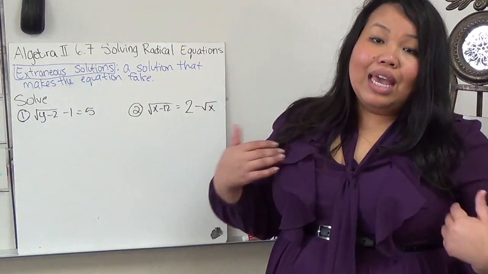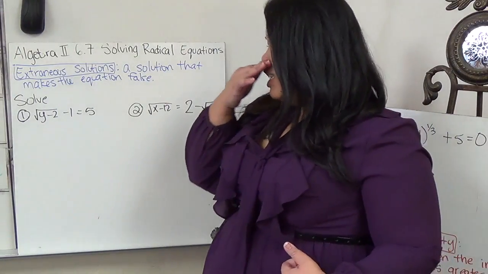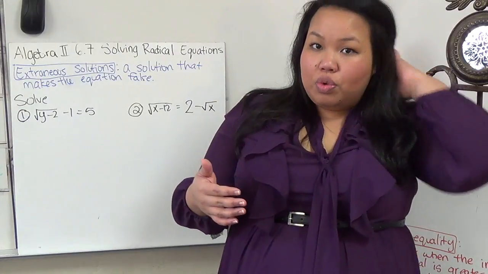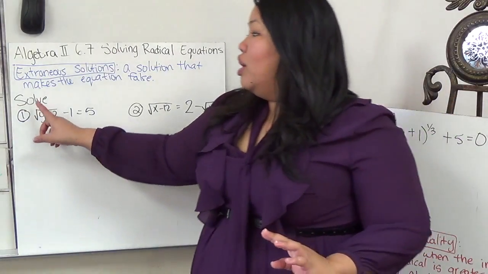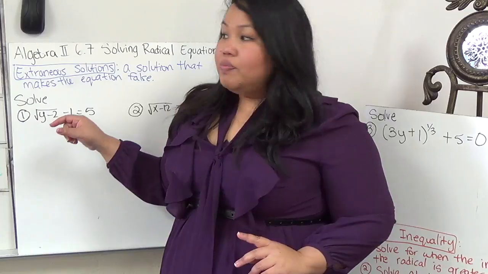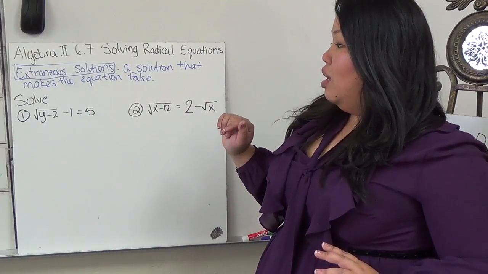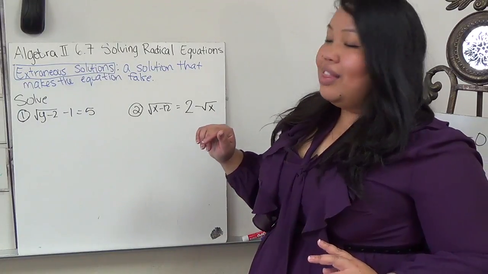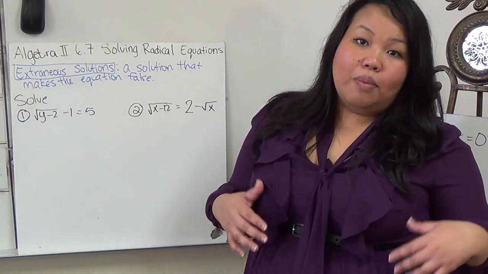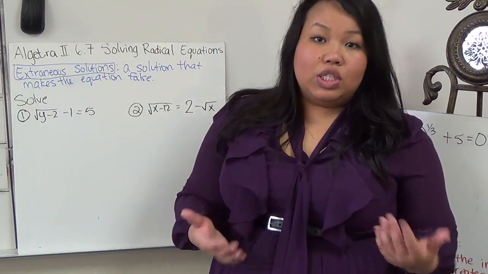Now, I can't solve the opposite of a radical, whether it's a square root or cube root or whatever root it is, the nth root, unless it's first isolated, because the opposite of a square root, for example, is squared.